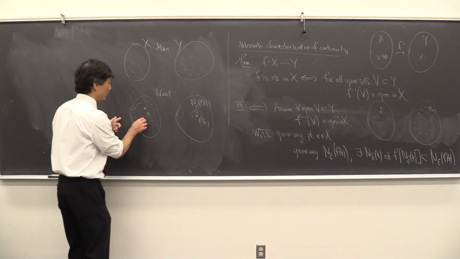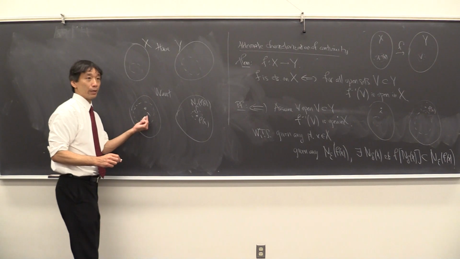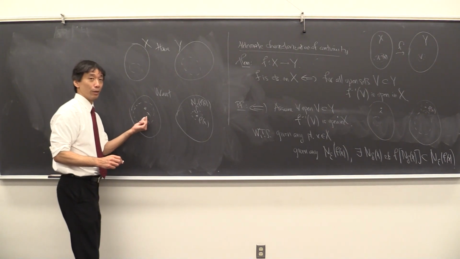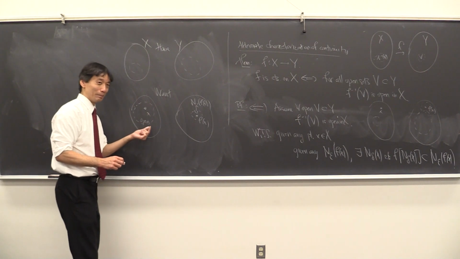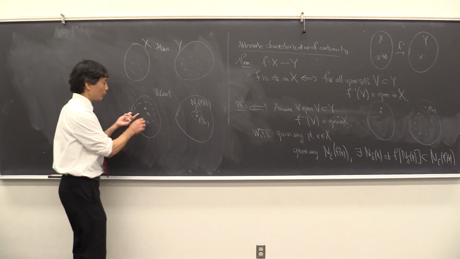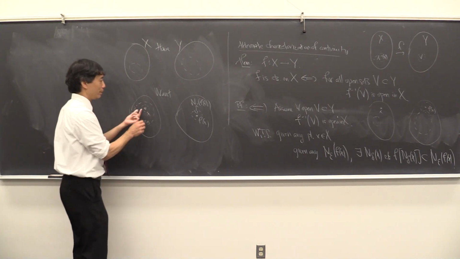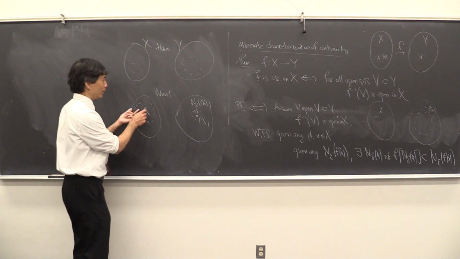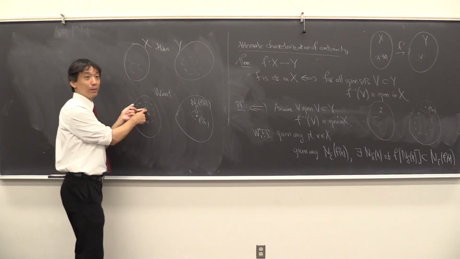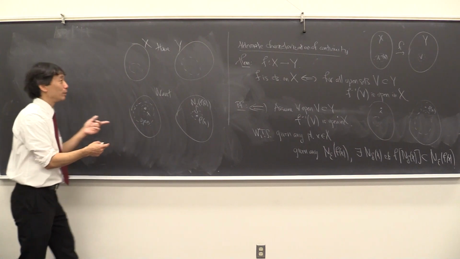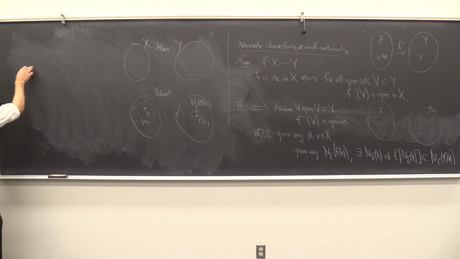So X is interior, which means there's a ball around it, a neighborhood around it. Well, that's your delta ball.